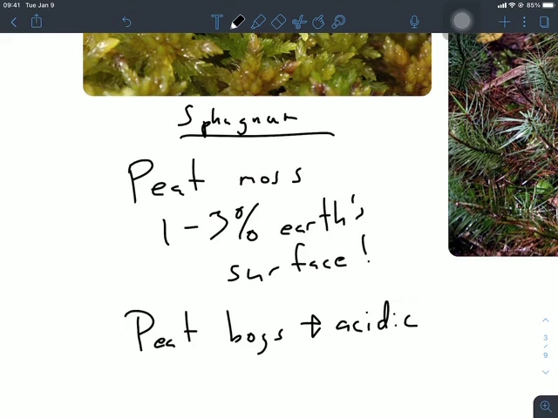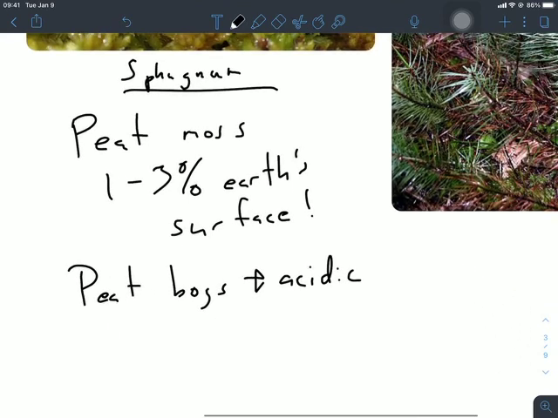Now, these peat bogs actually create environments for other really, really neat plants. Peat bogs are also occupied by different ericaceous shrubs, or the heather shrubs, the blueberry shrubs.